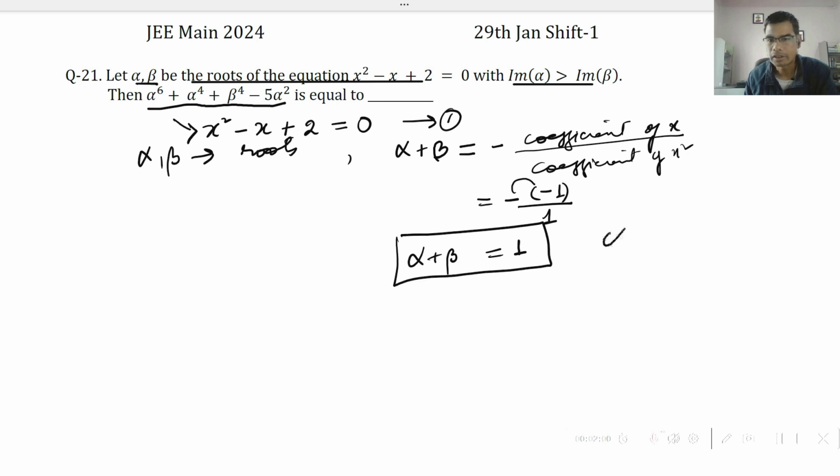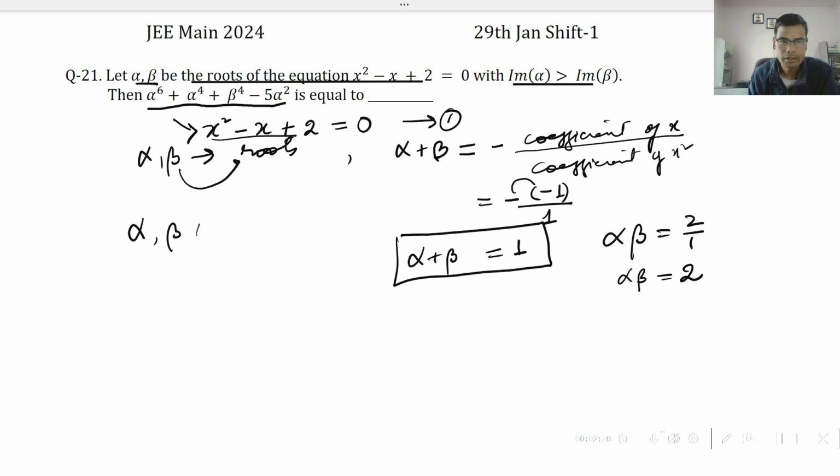Similarly, the product alpha beta is equal to the constant term divided by the coefficient of x square, that is 2. Since alpha and beta are the roots of this equation, alpha should satisfy this equation. So alpha square minus alpha plus 2 is 0.